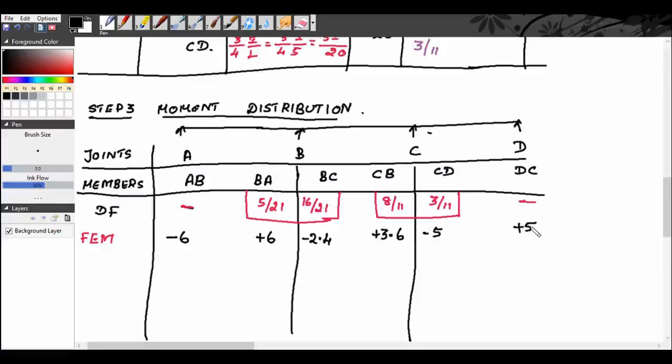Now, if the ends A and D are fixed, we will go for balance and then carryover.